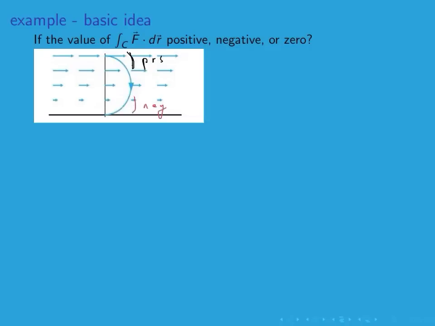However, this positive contribution will be larger because the value of the vector field is larger than the negative contribution. And here in the middle, notice that the curve is roughly perpendicular to the direction of the vector field. So in here, roughly, the contribution should be 0. Okay, so we've got 0 in the middle, big and positive at the top, small and negative at the bottom. So the value of this line integral, the integral of the vector field dot dr, overall should be positive.